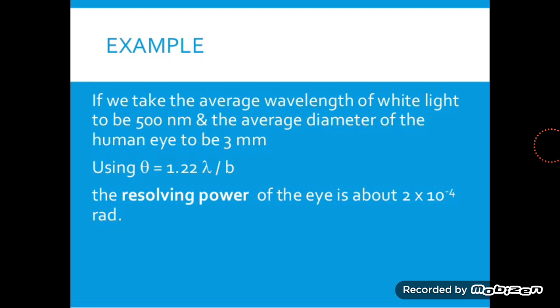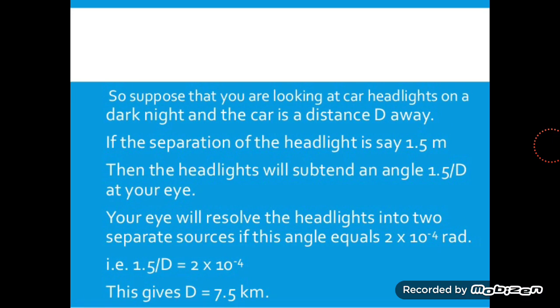If we take the average wavelength of white light to be 500 nanometer, which is between 400 and 700, and the average diameter of the human eye to be 3 mm, then using theta equal to 1.22 lambda upon b, the resolving power of the eye is about 2 into 10 to the power minus 4 radian.